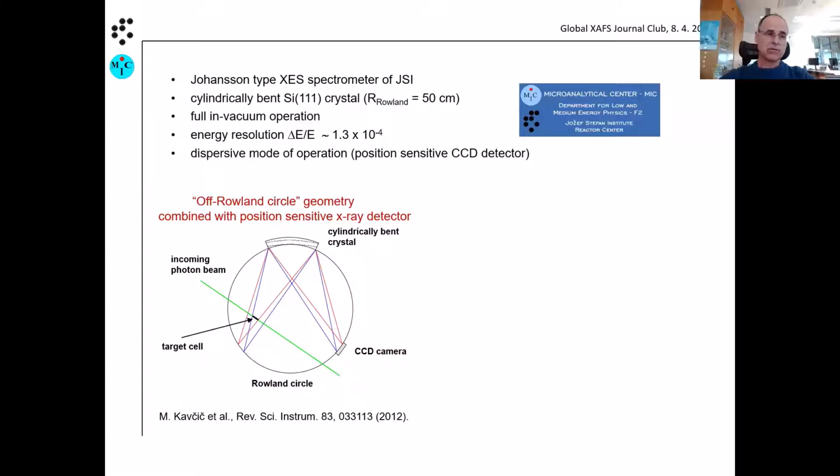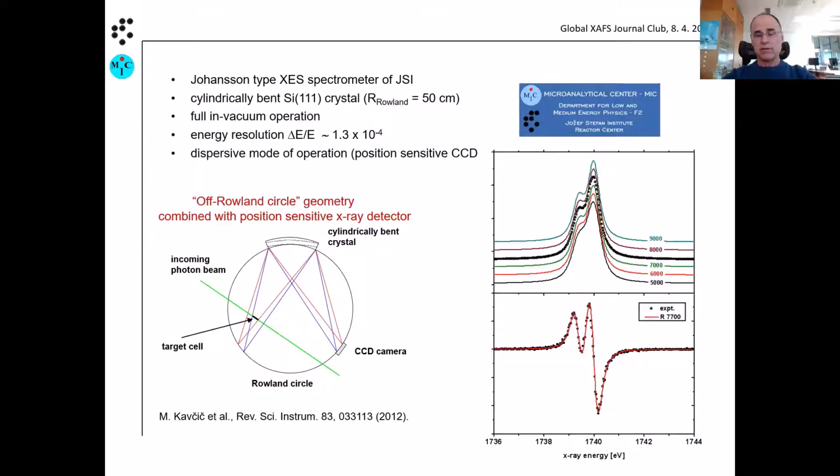So not from a point source, but from a larger source. And since, as I said, we are coming from atomic physics, this is our basic background, our idea was to measure gas phase targets, so to do atomic and molecular studies. And it turned out that this particular arrangement is extremely useful for this purpose.